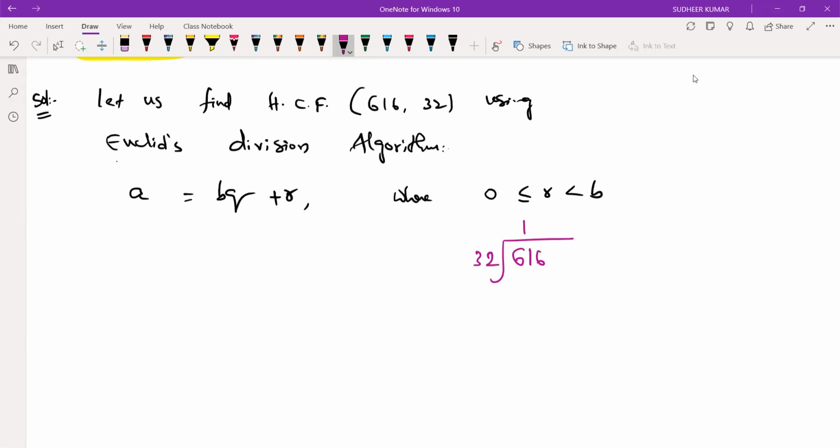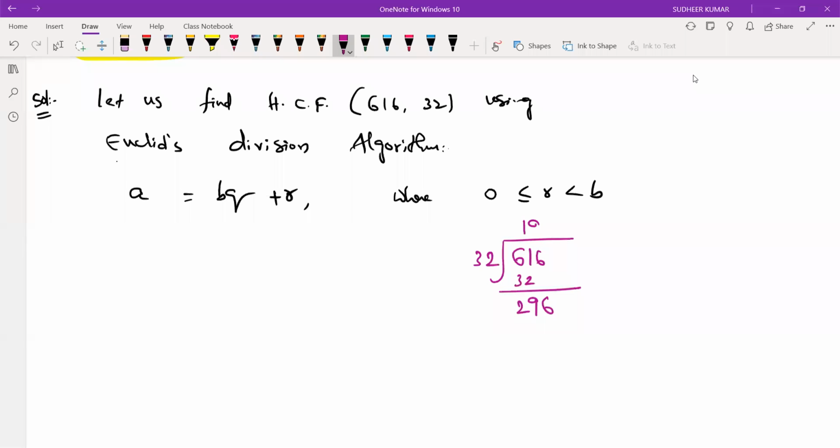32 ones are 32. So the remainder is, what's the remainder? This is 9 and this is 2, 296. 32 how many times? 8? 8 3s are 24, 25.